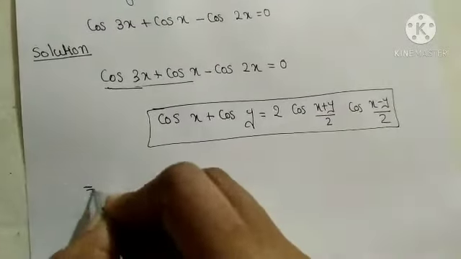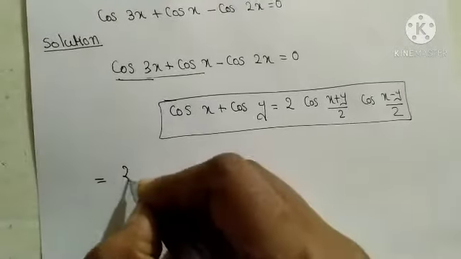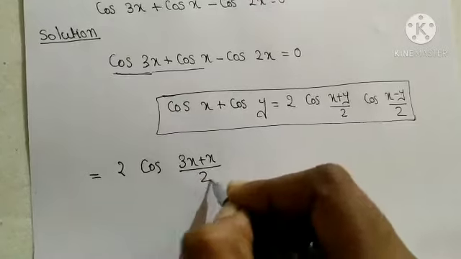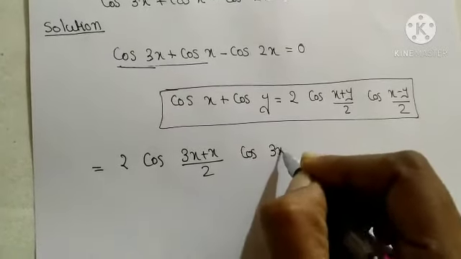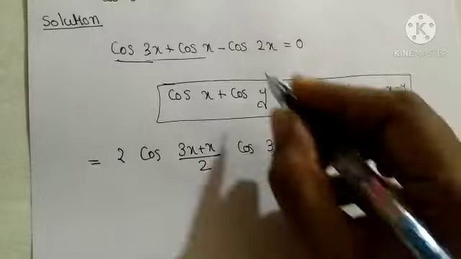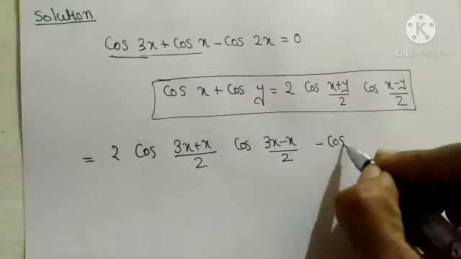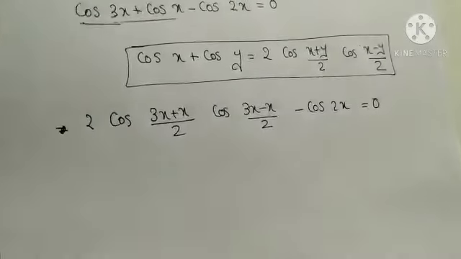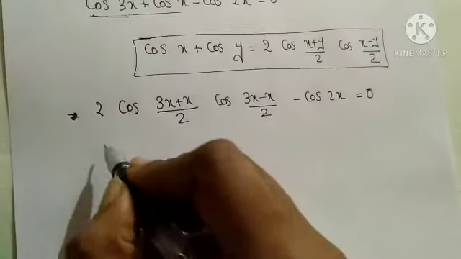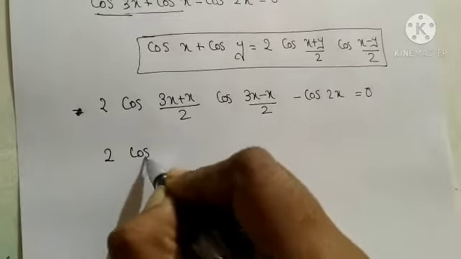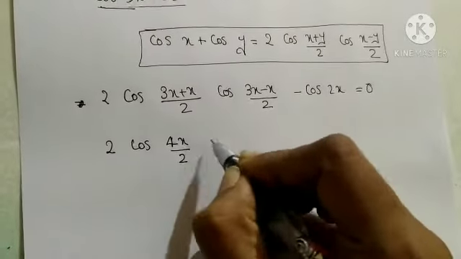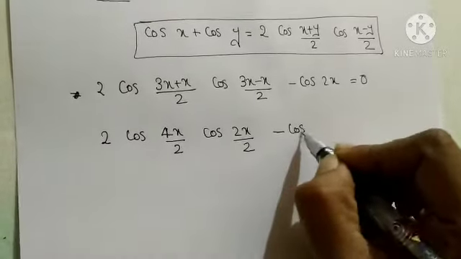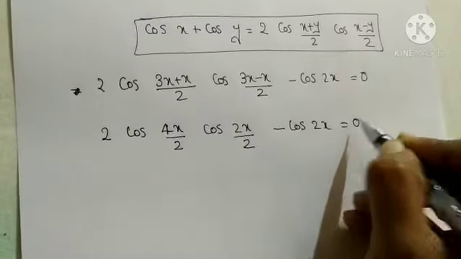So the next step will be 2 cos (3x plus x)/2 into cos (3x minus x)/2, and also write this minus cos 2x here, equal to 0. So this will become 2 cos 4x/2 into cos 2x/2 minus cos 2x equal to 0.